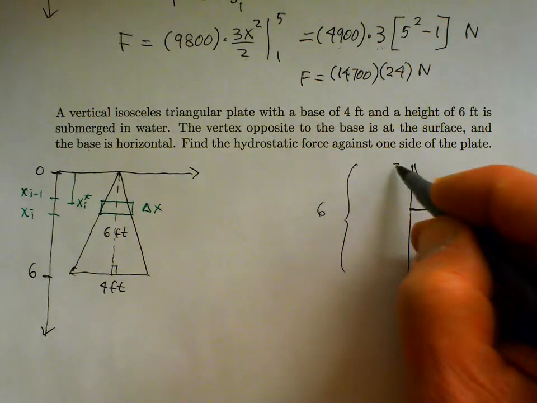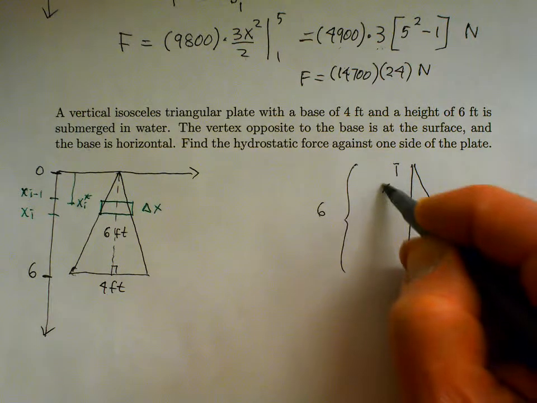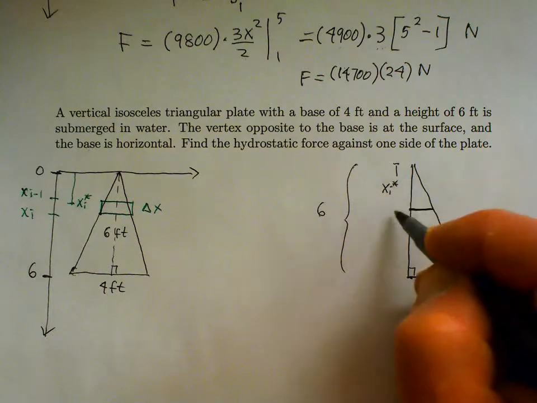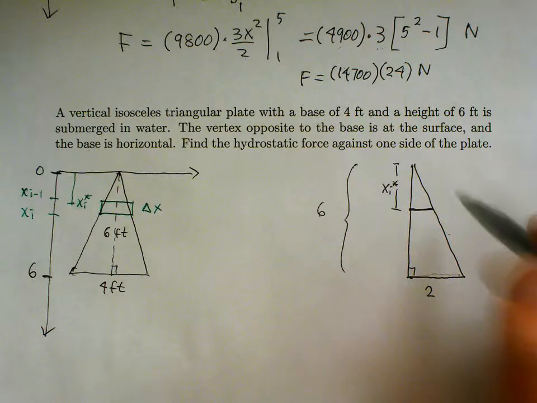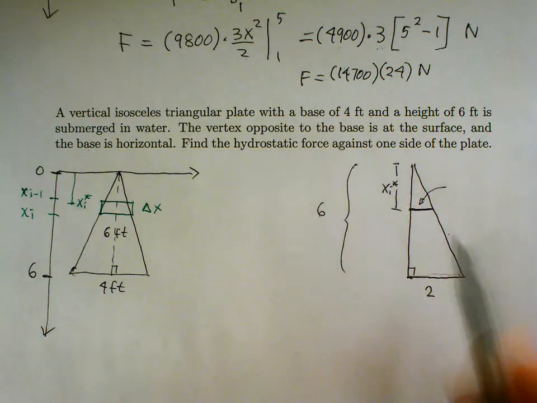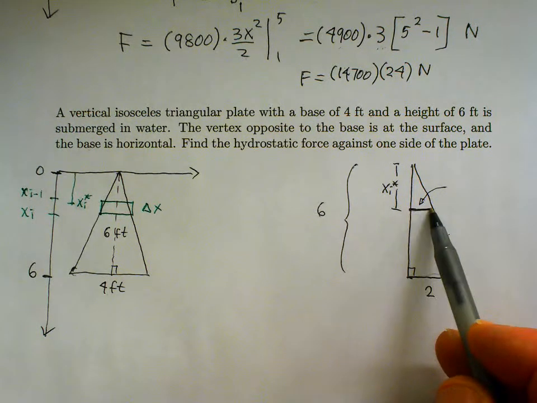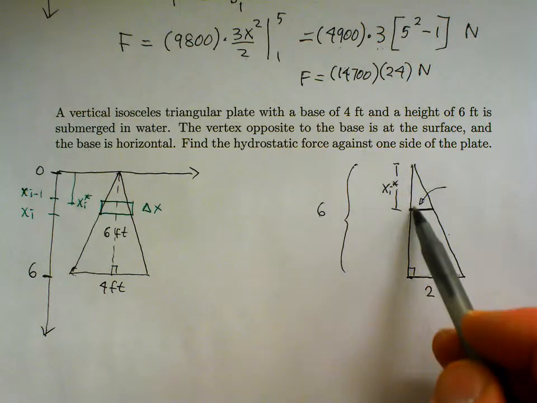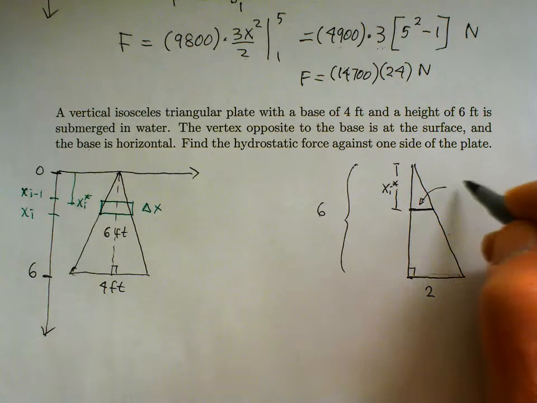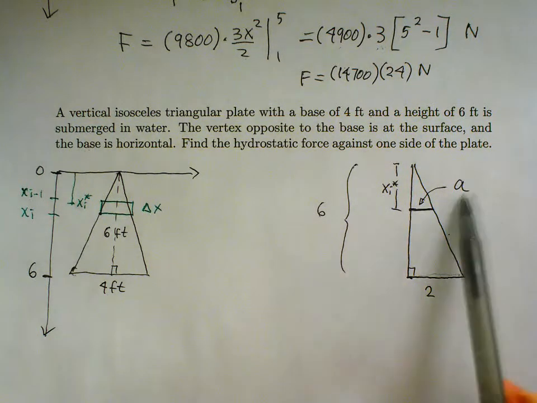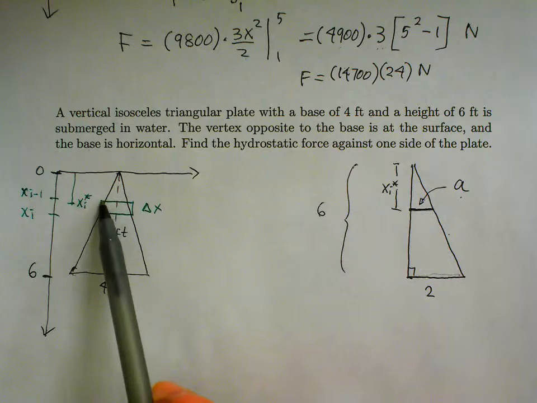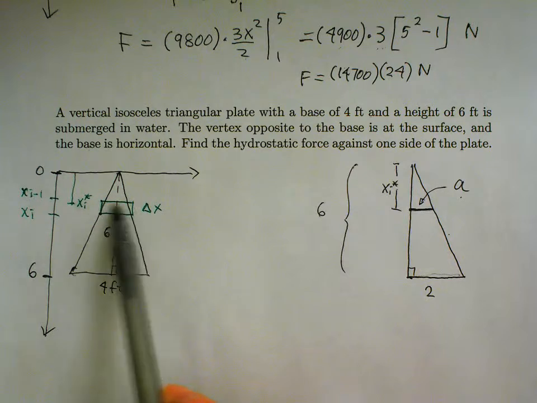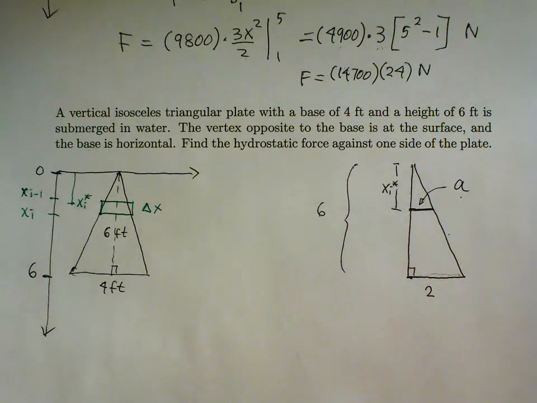So from there to there is x sub i star. And if we can find the length of this horizontal side of this small triangle, I'll refer to this as A. And then if we can find A in terms of x, then the length of the horizontal side of this rectangle will be 2 times A.